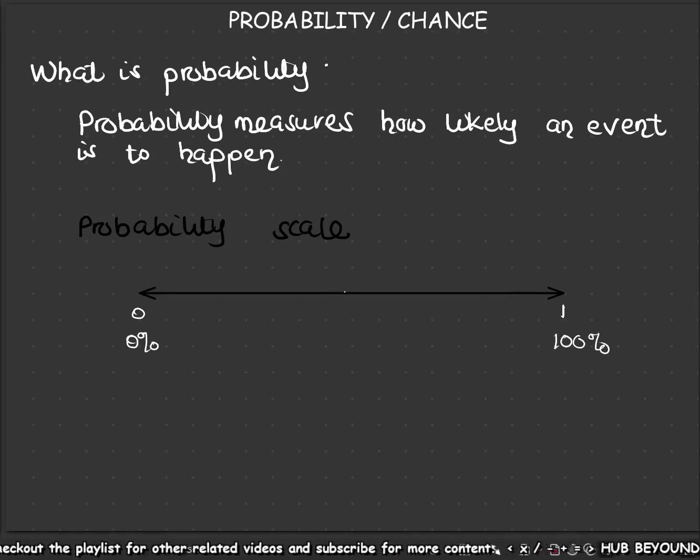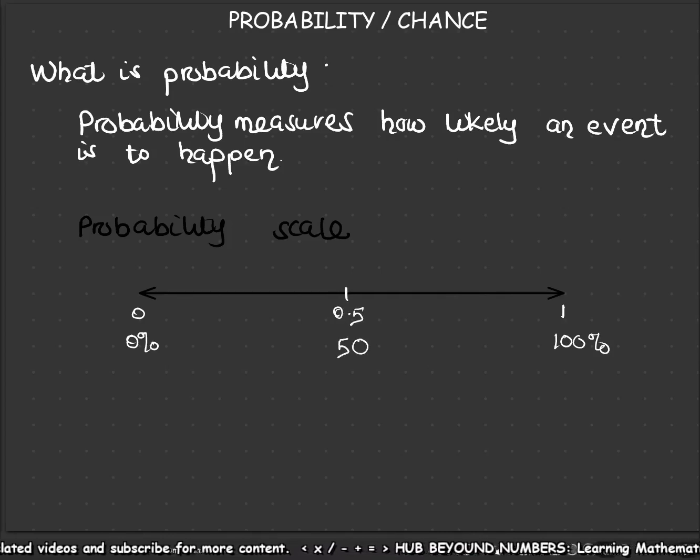Then in the middle here, we have 0.5 or 50%. So the probability of an event can be 0. The probability of an event can also be 1. The probability of an event can also be 0.5 or 50%.